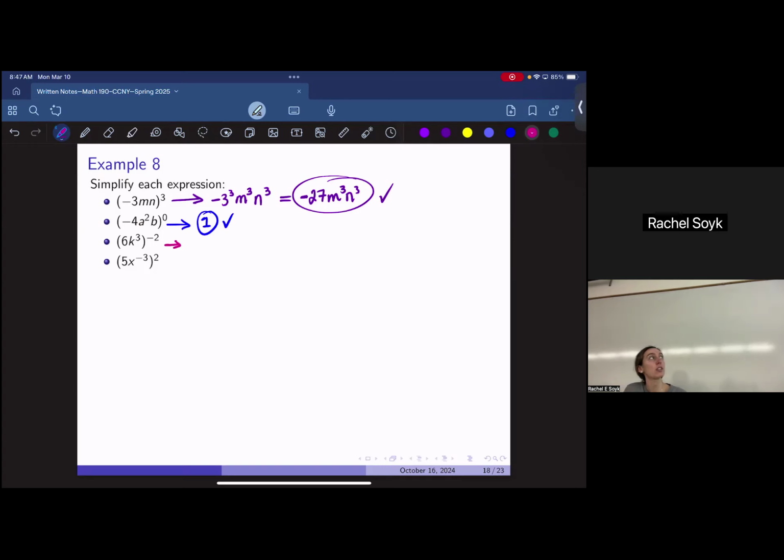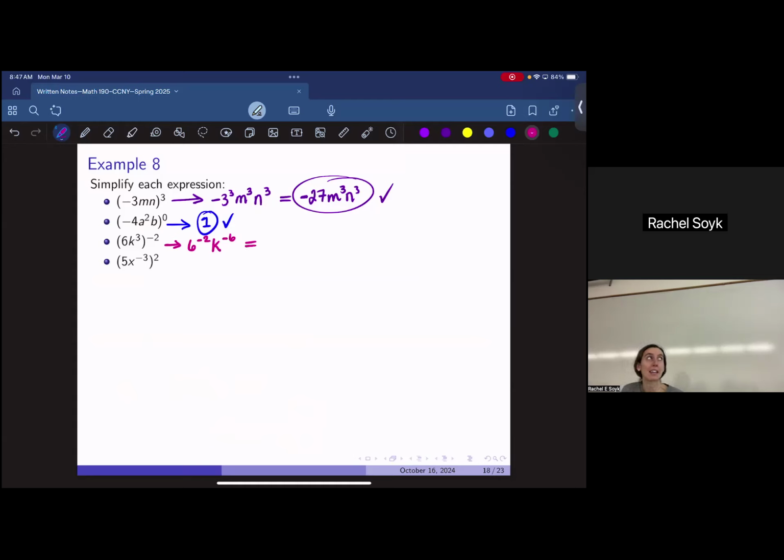All right. First, let's distribute the negative, and then we'll deal with the rule of negative exponents. So we get 6 to the -2, and then k to the -6. And so now we can deal with the negative exponent.